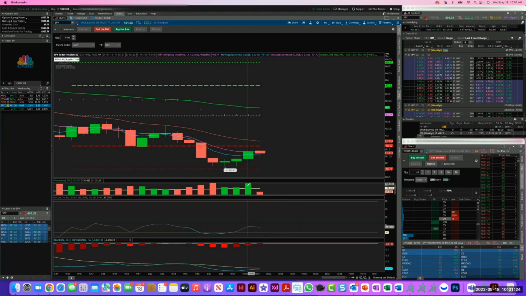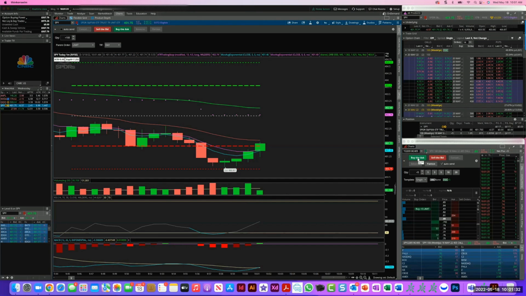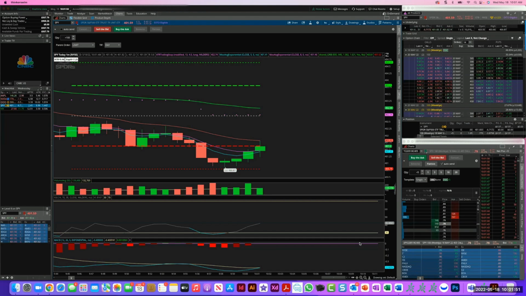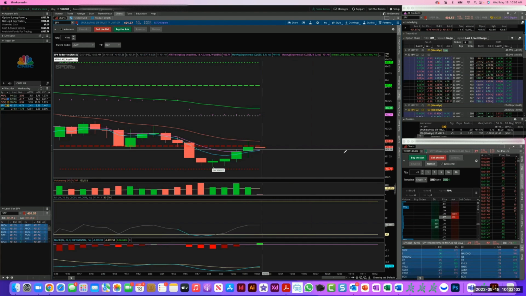But this was good volume on the upside, so that's a good signal. We're looking to find support here on this 5-day EMA. Getting rejected here. Looks like we have support.